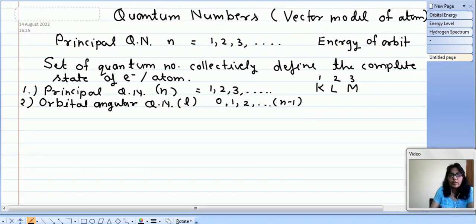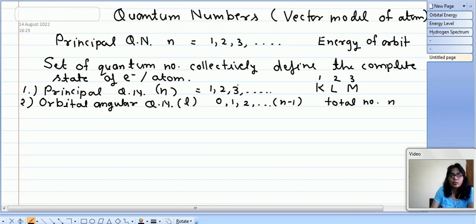So if n is equal to 3, then corresponding to n is equal to 3, we have the values of l as 0, 1, 2. That means 1 less than the value of n, and the total number will be n. Let us again see this.